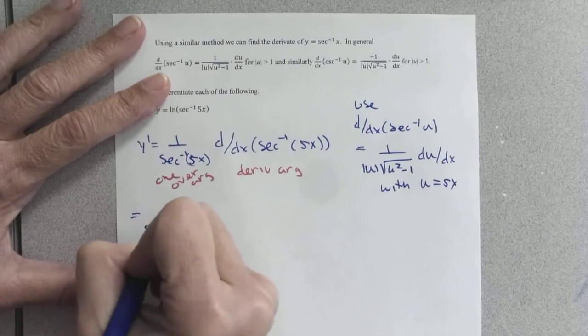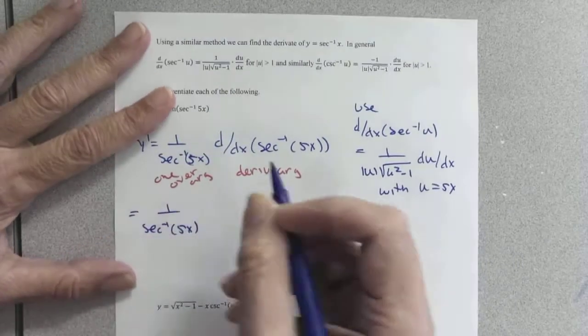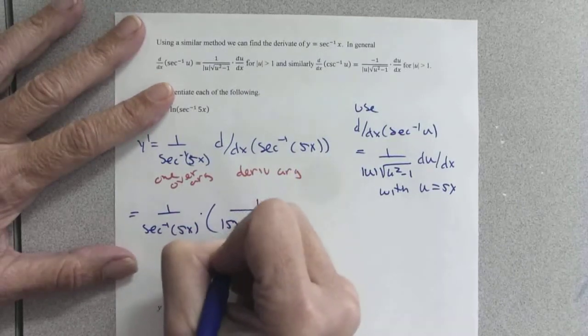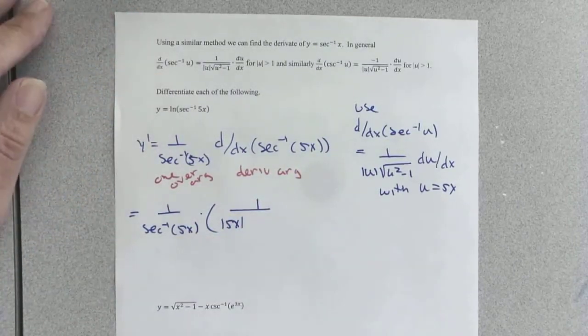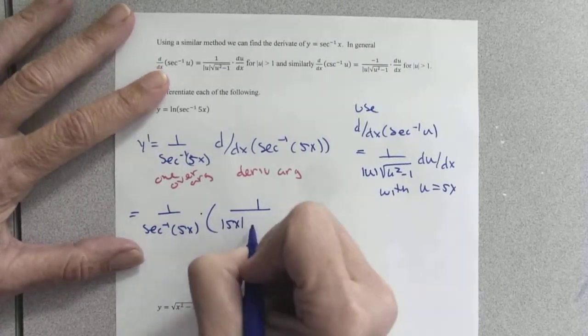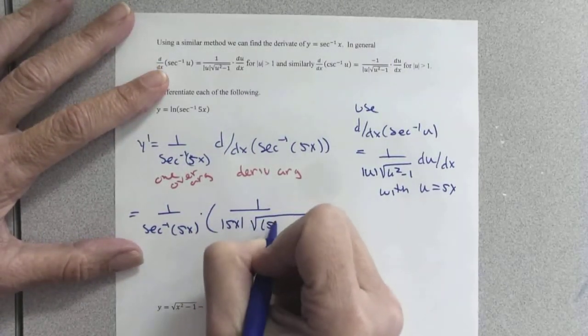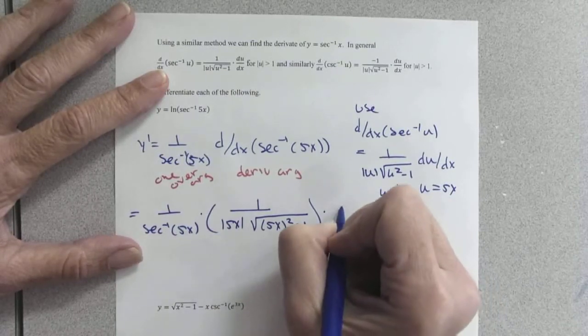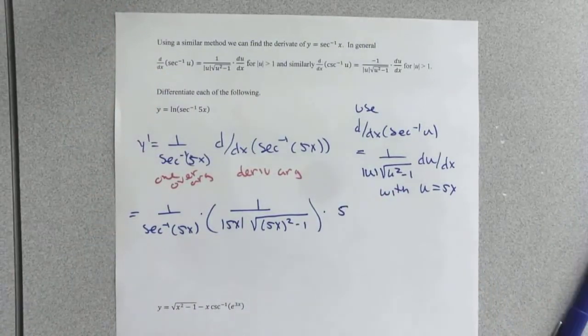So 1 over secant inverse of 5x, then 1 over absolute value of u, but u is 5x. So the absolute value of 5x, the square root of 5x squared minus 1, then du dx times 5.